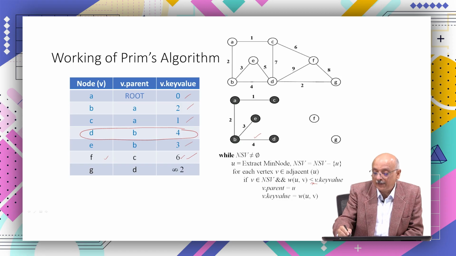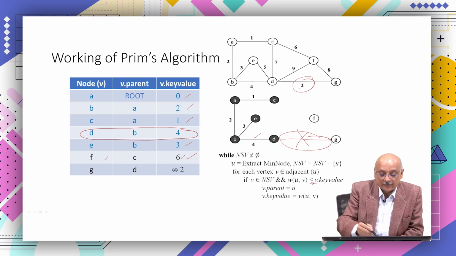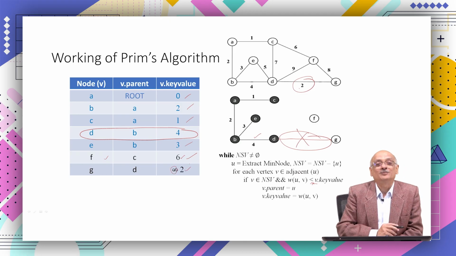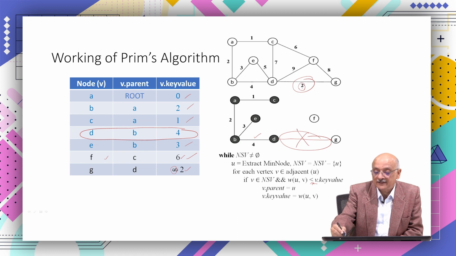All right. However, G, this adjacency from D to G has to be taken into consideration. So this infinite will be reduced to 2. Why? Because the weight of this particular edge is just 2.